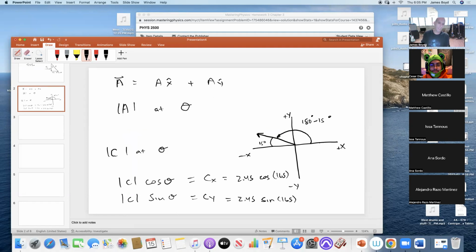Now you could actually write this as negative 2.45 cosine of 15 and 2.45 sine of 15. That would still give you the right answer, because sine of this and sine all the way across are the same, and cosine is negative on the other side.